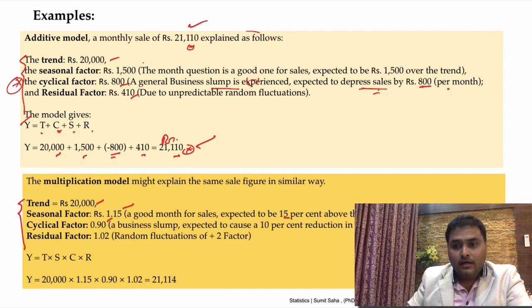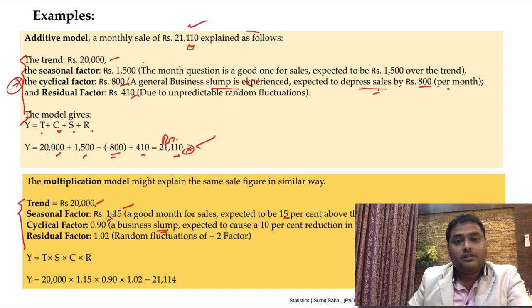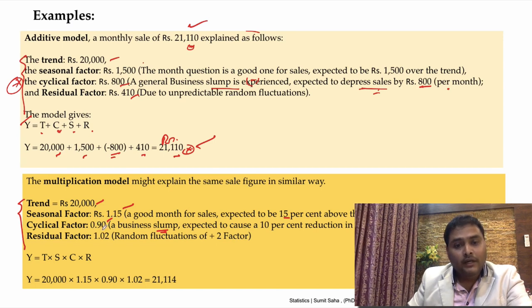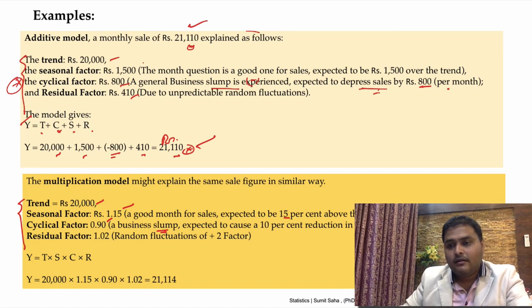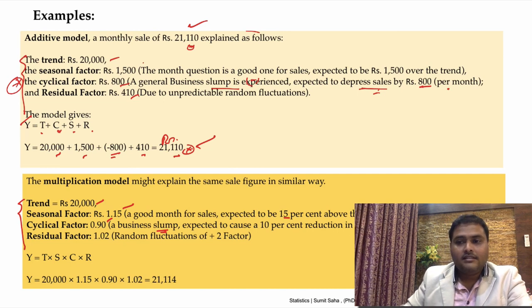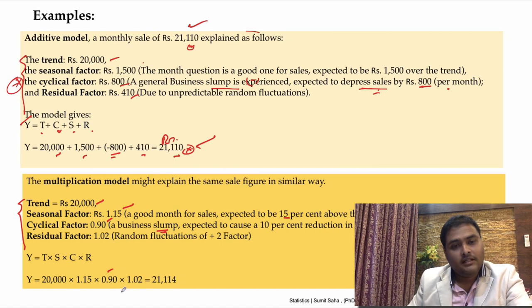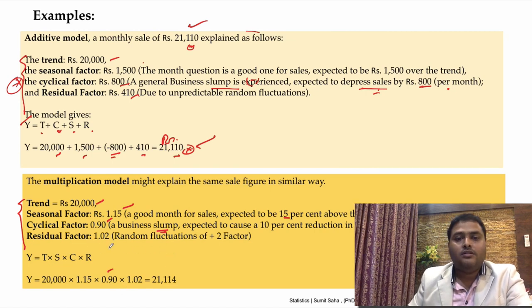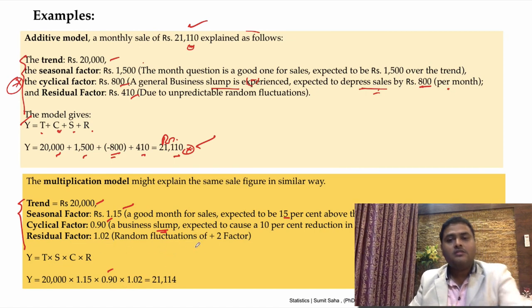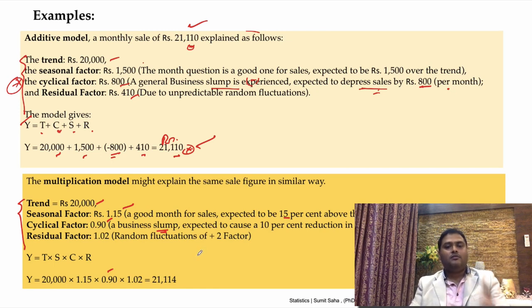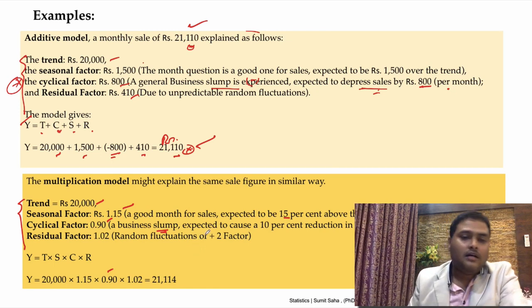Basically it is supposed to be 1, but it has a business slump. So as it is a business slump, instead of giving 10% business slump, it has given 0.9. That means the slump is already calculated. 1 minus 10% of slump is nothing but 0.90. That is the reason we are not going to use the negative form here. We will be using the positive form. Clear? And the residual factor is 1.02. That means there are random fluctuations plus the other two factors. Because of that, you got this kind of random fluctuations.